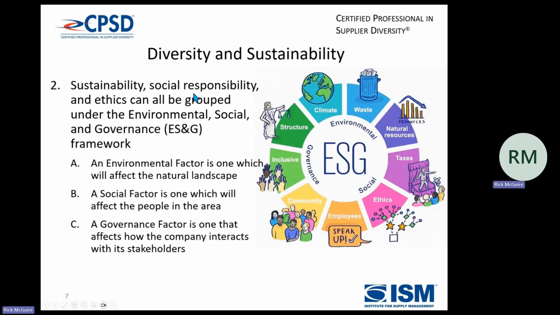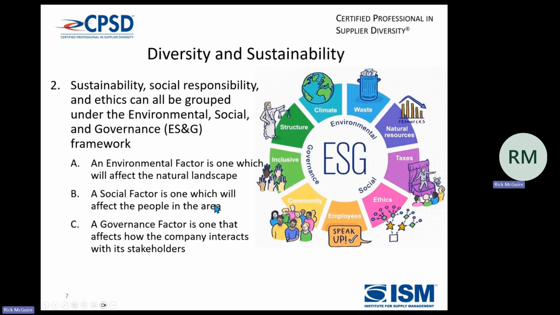So sustainability, social responsibility, and ethics can all be grouped under the environmental, social, and governance framework, ESG, which is another buzzword. Not as popular as DEI these days, but it's been around. An environmental factor is one which affects the natural landscape.